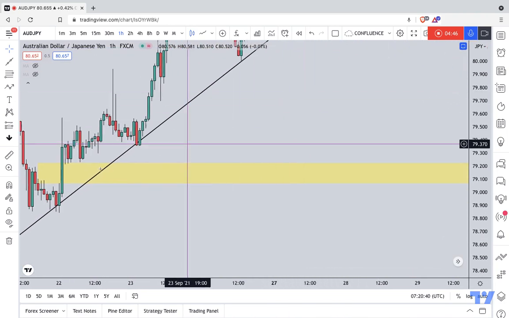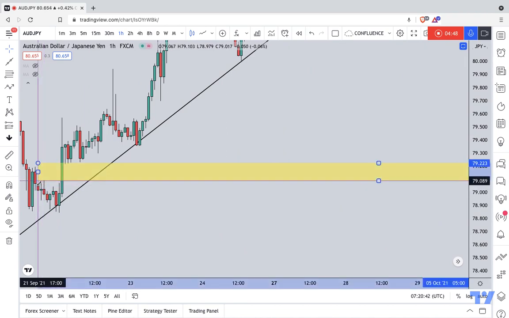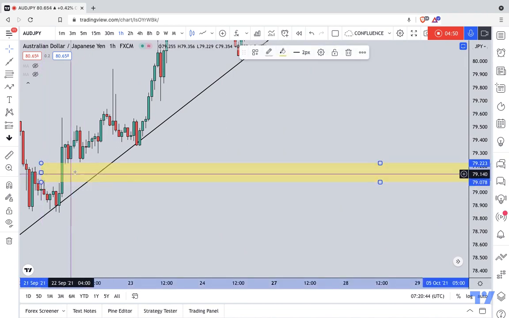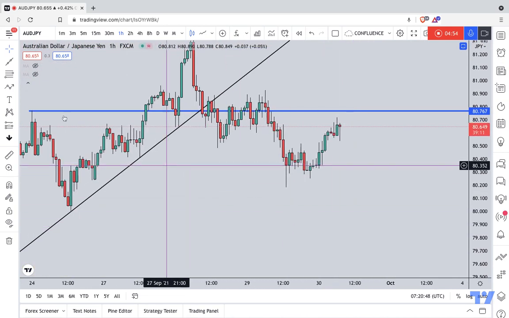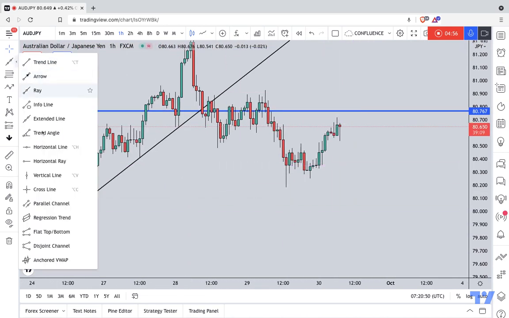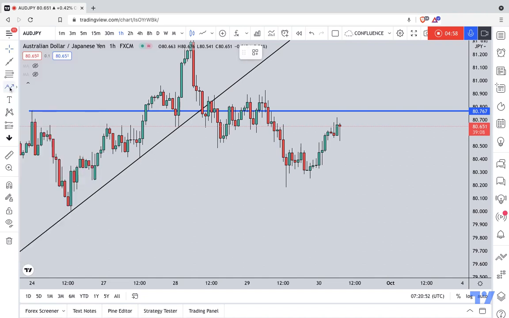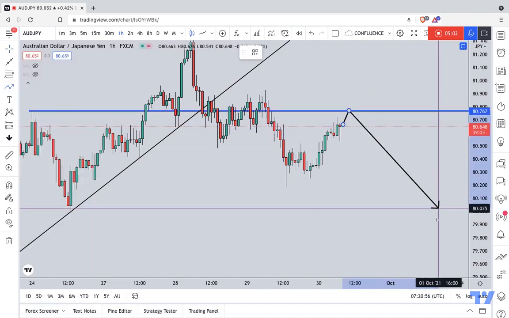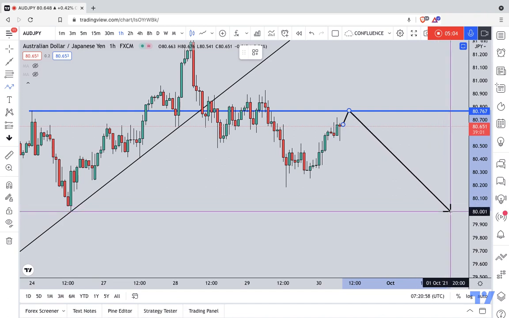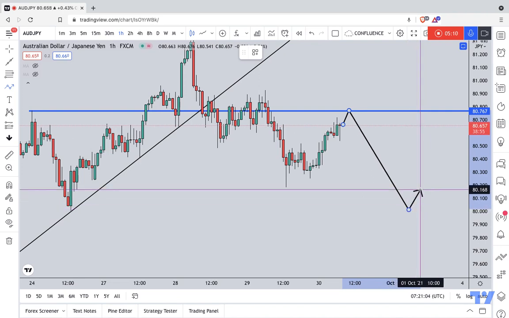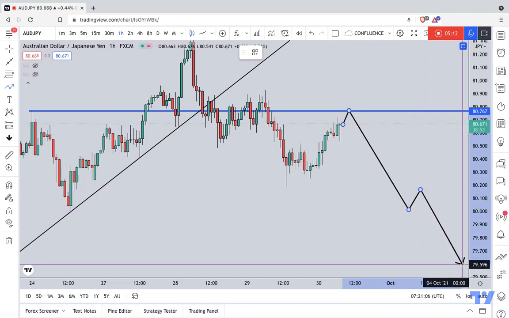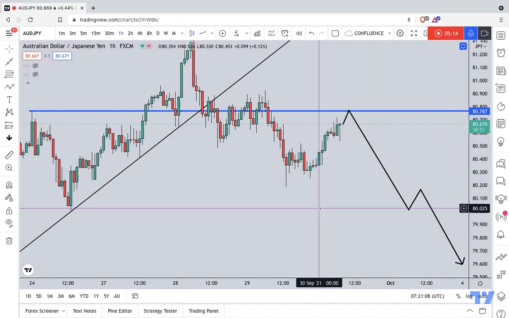All right, I expect the Aussie dollar to come into this area first. Into this area, I think we're gonna maybe just tap into that, and then we could have some good bounce, maybe somewhere here, little bounce, and then go much lower.